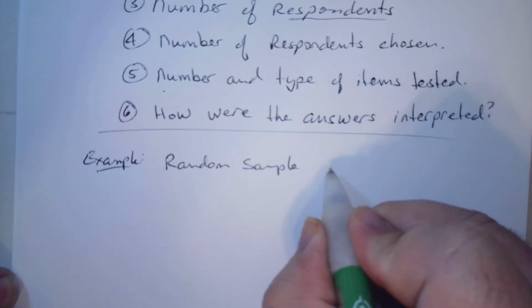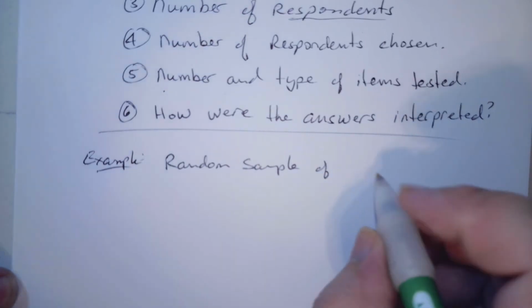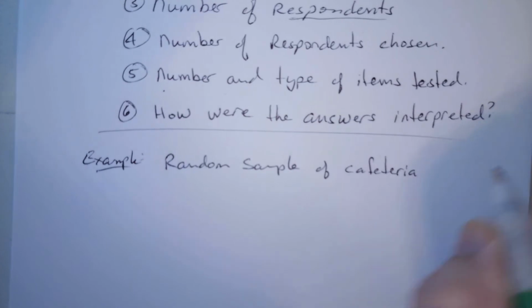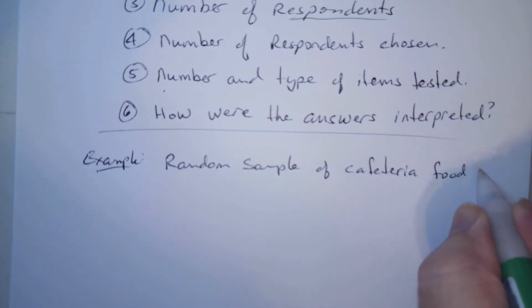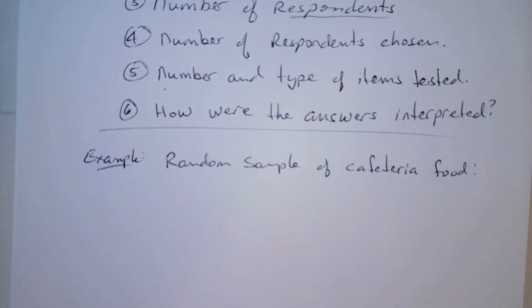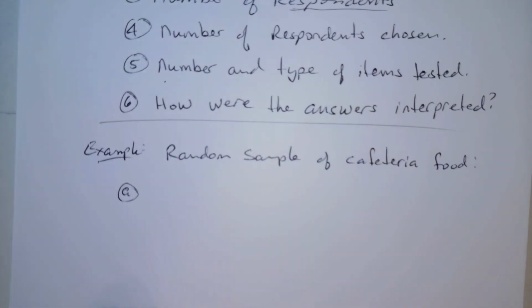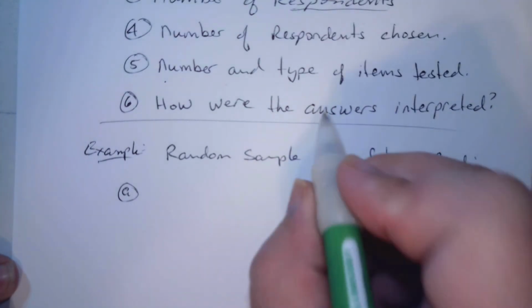Random sample of cafeteria food at a school. So here we're going to discuss what's called biased or unbiased.